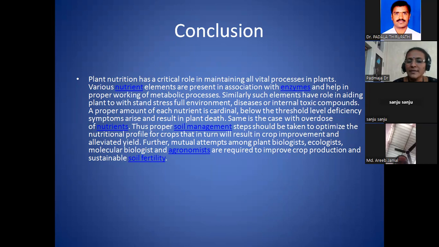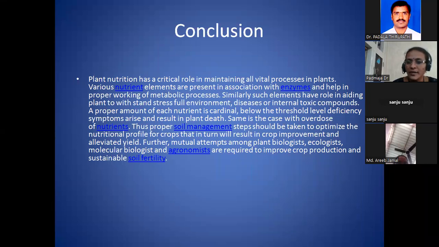Similarly, such elements have a role in aiding plants to withstand stressful environments. Plants have the capacity to overcome or face stress conditions in the environment, diseases and internal toxic compounds.